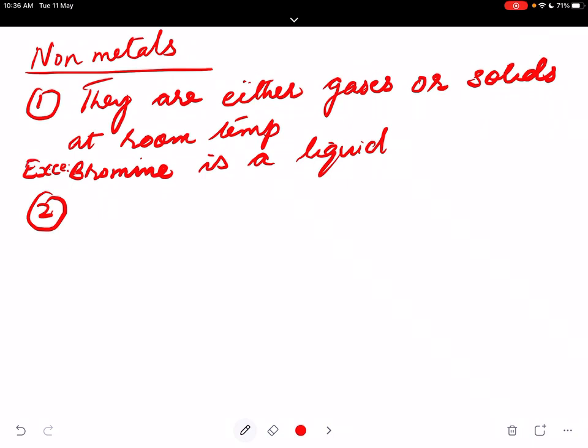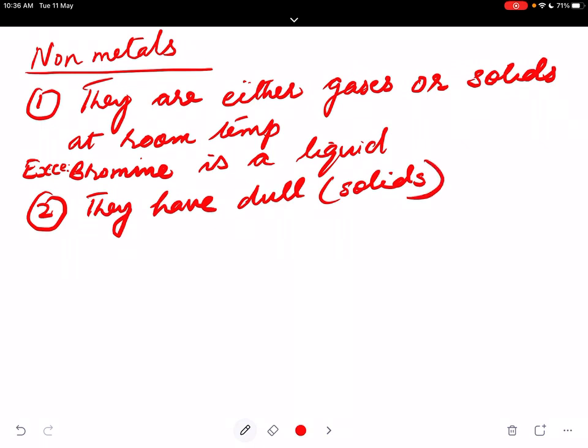Next, non-metals vary in color. Solids have generally dull surfaces. That is in the case of solids we are telling. Metals, we know, are lustrous, they have a shiny surface.